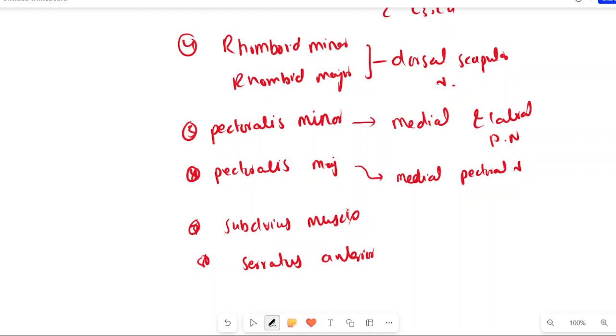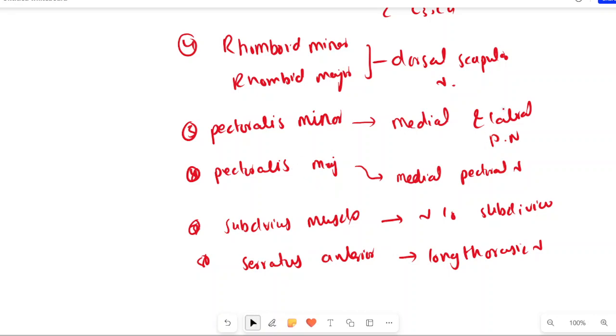Subclavius is supplied by the nerve to subclavius. And serratus anterior is supplied by the long thoracic nerve.